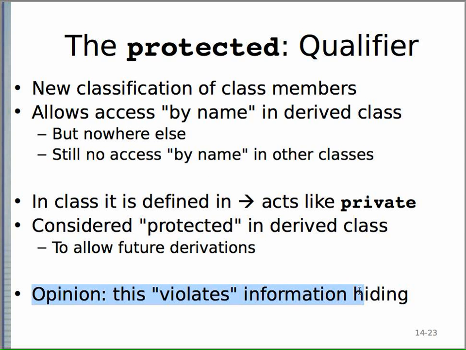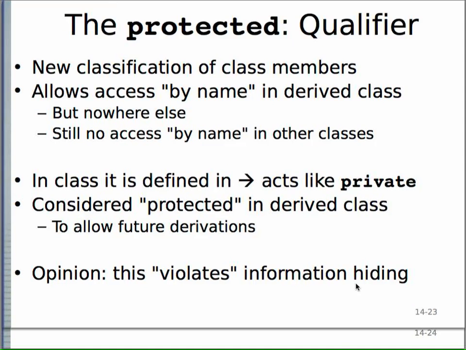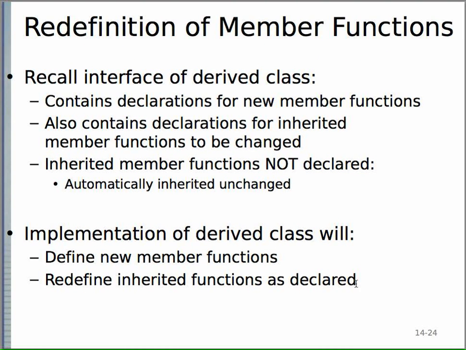Even if you have inheritance, a lot of programmers will make everything private. That said, I think there are a lot of situations where it helps to have things be protected as long as you're doing the right thing, and that's the big if. If you're doing the right thing, probably okay.